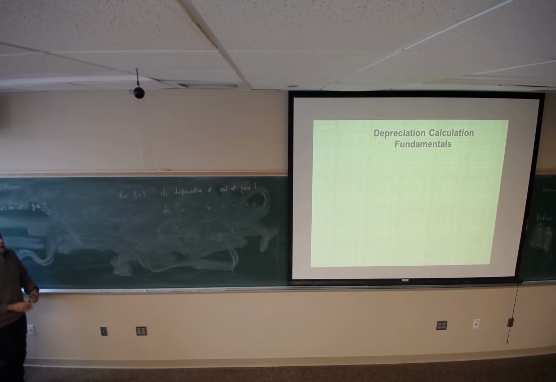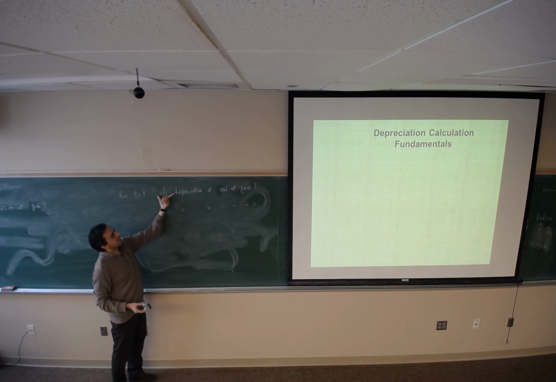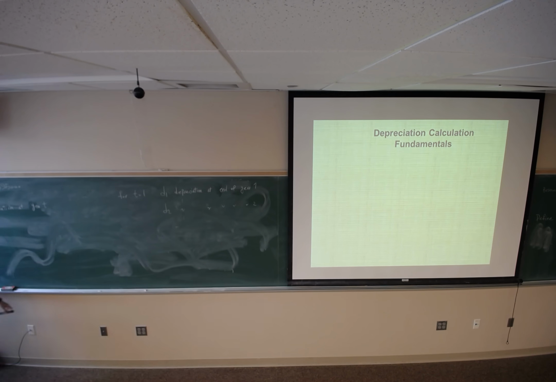So how much can I deduct from taxable income in year 1? How much can I deduct from taxable income in year 2? So t is representing the depreciation for that specific time.